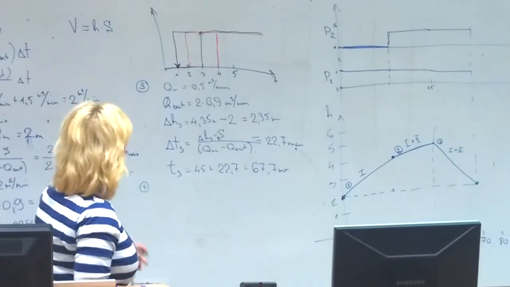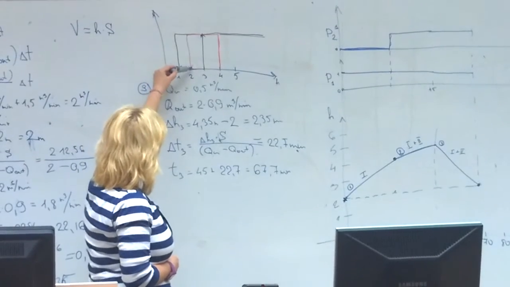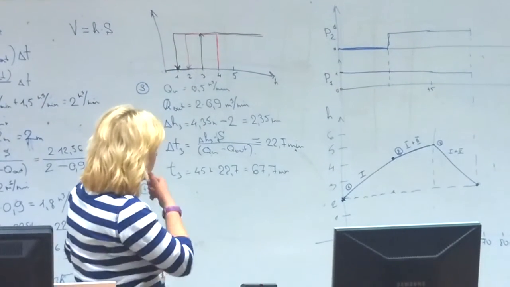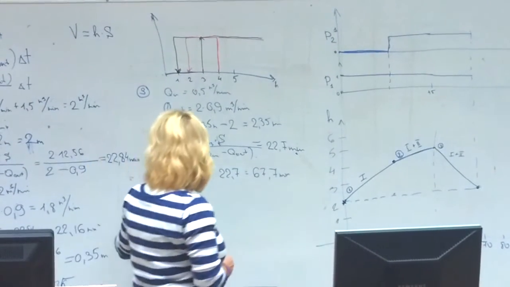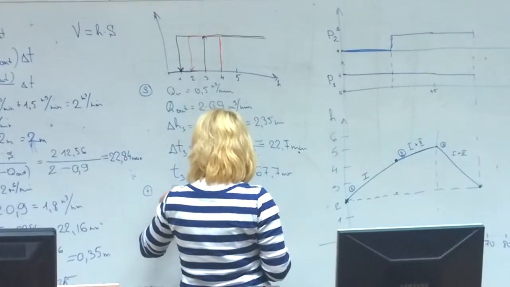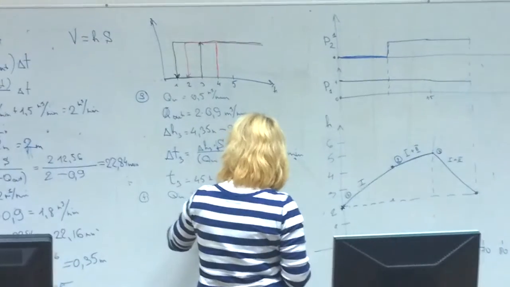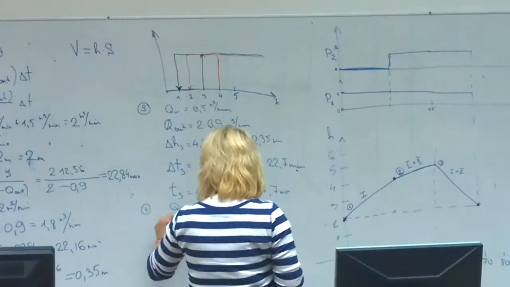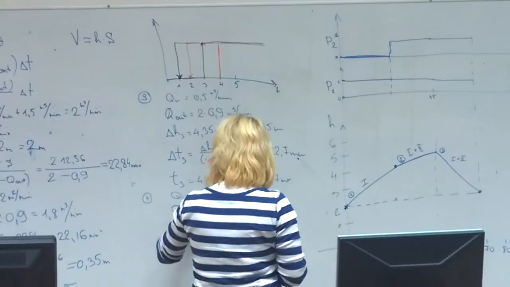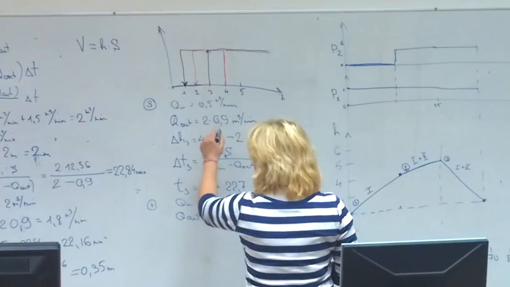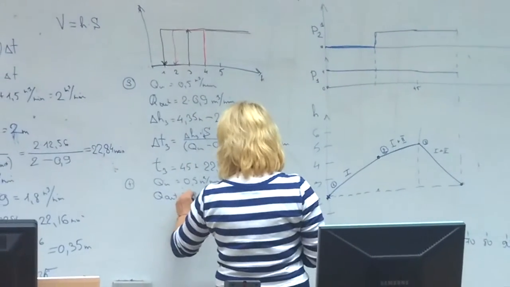So because the second pump is turned off, we still have our first pump. So inflow as usual, half a cubic meter per minute, and outflow equals the performance of just one pump.